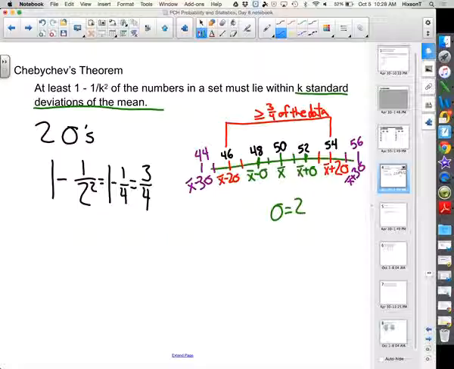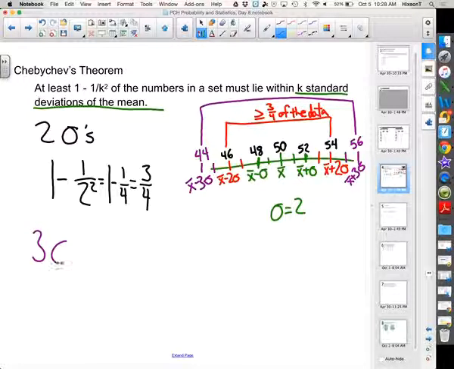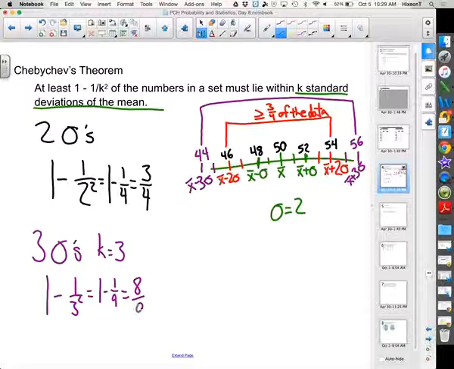Okay? How much of the data would be in this range? Well, let's see. 3 standard deviations, that means k equals 3. So 1 minus 1 over 3 squared. 9. Yeah, that's 1 minus 1/9. So 8/9. Okay?